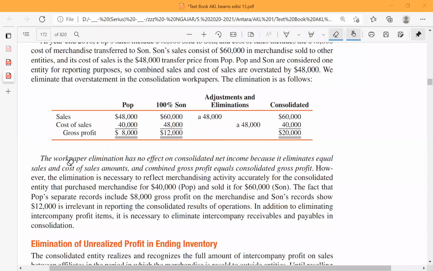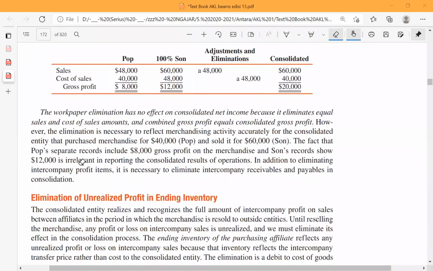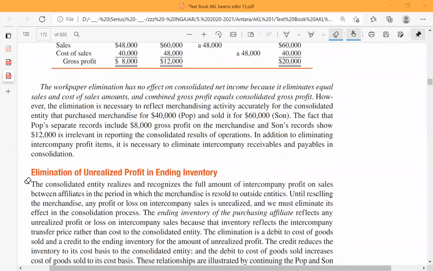Okay, so let's move on to the second journal entry, where we also have to eliminate any unrealized profit in ending inventory.